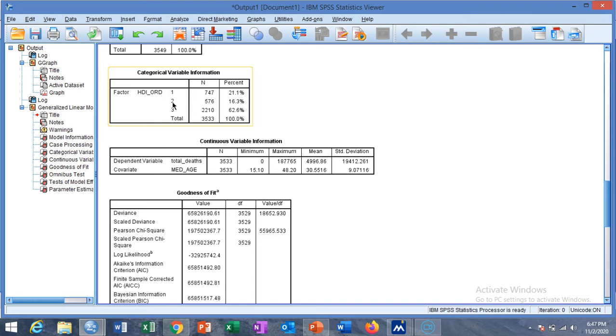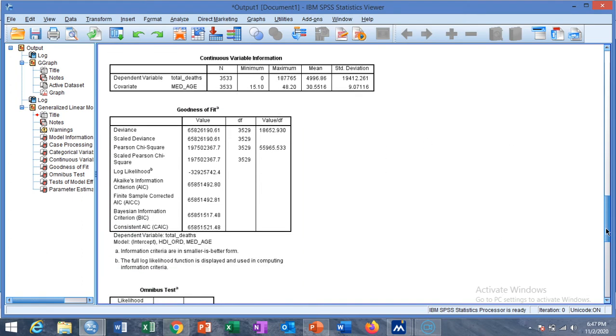Your factors have three categories: 1, 2, and 3, as I already explained. And this is your dependent variable, and median age is taken as the covariate, and this is the summary of the two variables, covariate and the dependent variable.